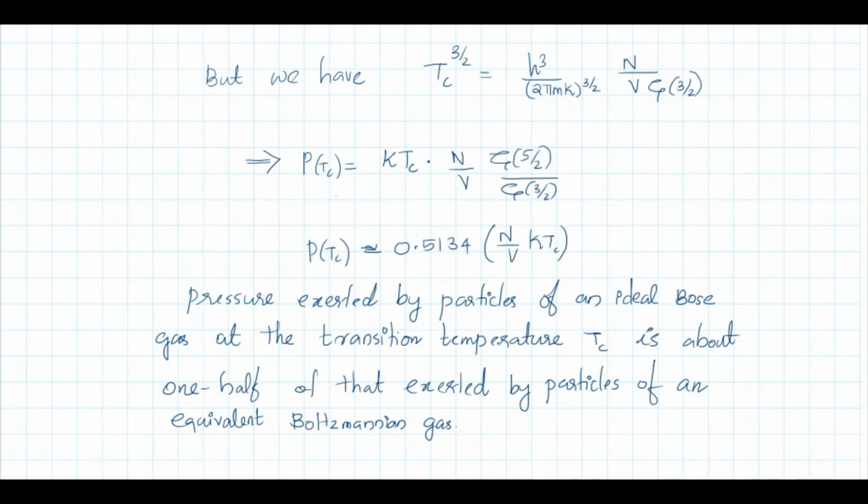For an ideal gas, pressure is nkt by V at any temperature T. For a Bose gas at a critical temperature, pressure is one half of the pressure that is exerted by particles of an equivalent Boltzmannian gas, that is an ideal classical gas.